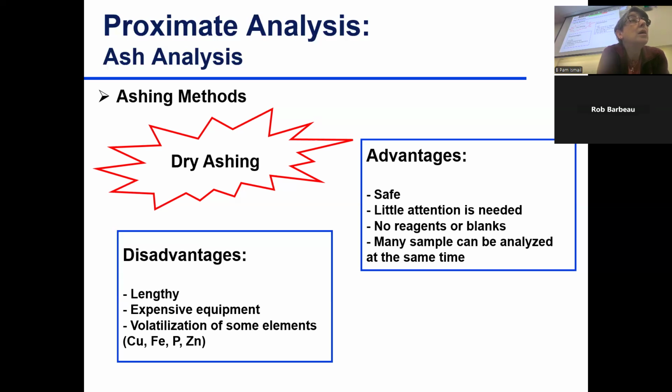Not pure sugar per se. You can do pure sugar if you want to. You're putting a nutrition label on a pure sugar, but sometimes you have products like sweets that have a lot of sugar in them, and you just need to do ashing for the nutrition label.